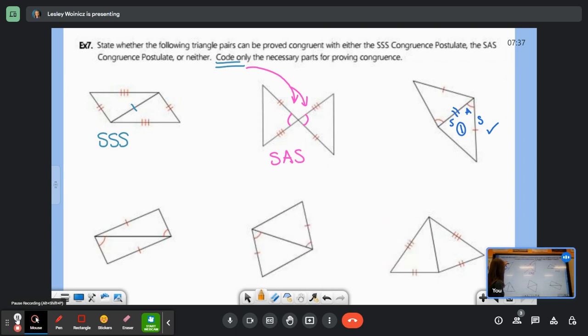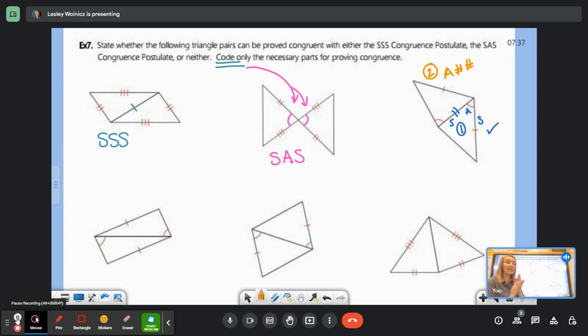Okay, but look at triangle 2. I have an angle, and then I have two sides in a row. Beep, beep. Okay, those are two sides in a row. We don't have an A beep beep property. Okay, that does not exist. There's no A beep beep congruence postulate.